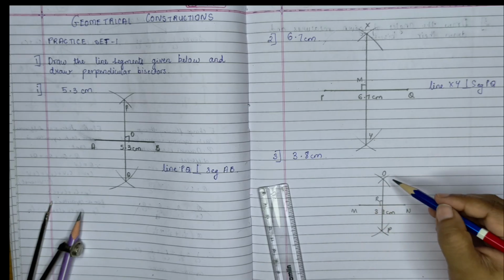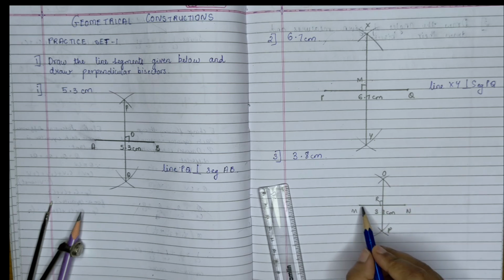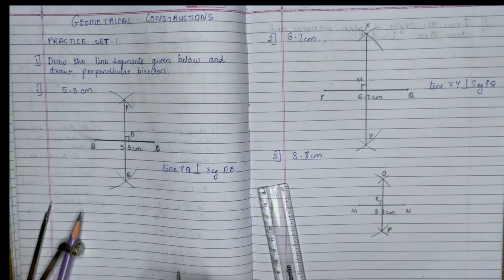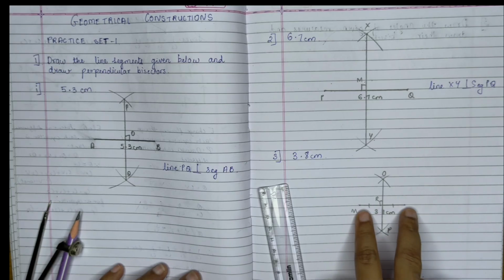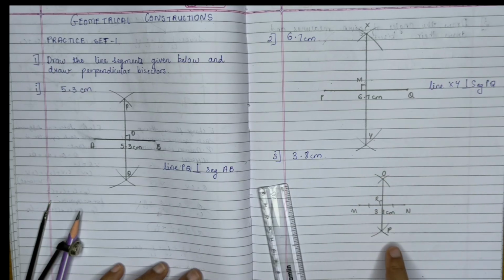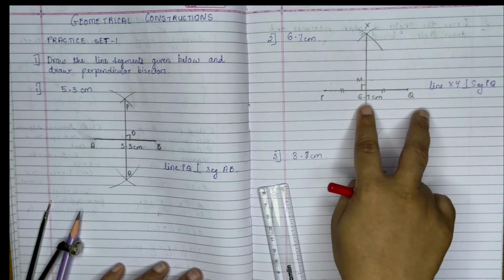Okay, so we will say that line OP is perpendicular to segment MN. You can also mark this because since we have drawn the perpendicular bisectors, these two sides are equal. Here also this side and this side are equal.